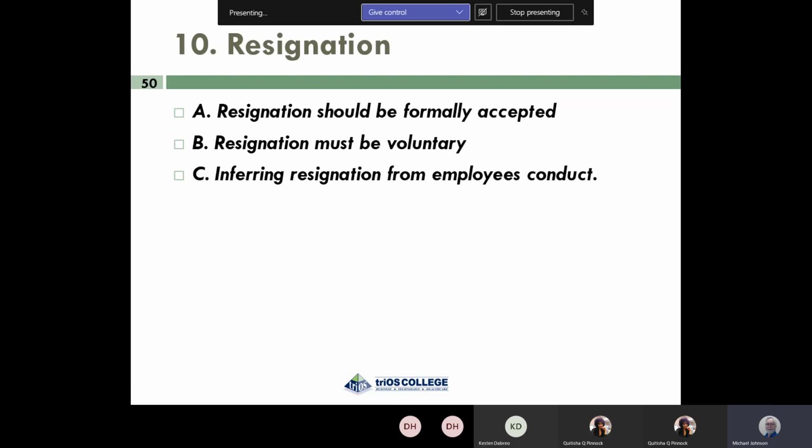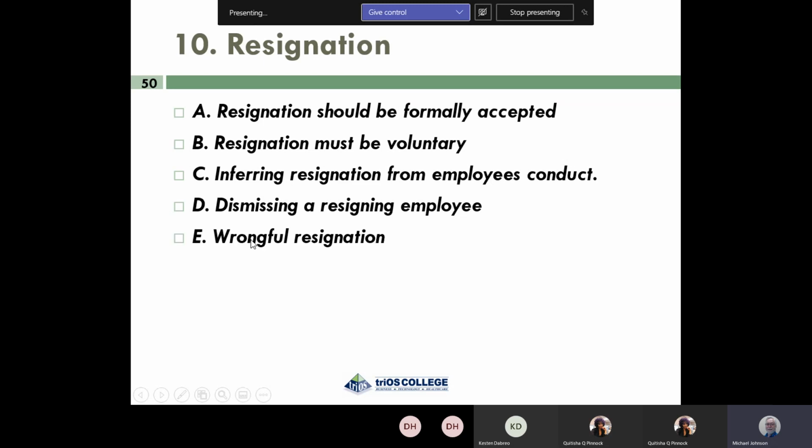Inferring resignation from an employee's conduct does not guarantee resignation, but we're going to look at each one of these areas: dismissing a resigned employee, how we go about doing it, and wrongful resignation. We'll take a look at that one.